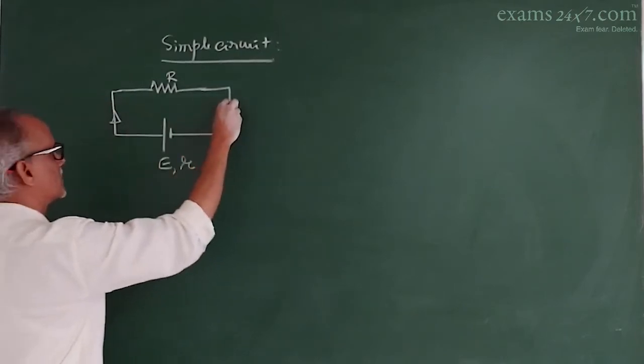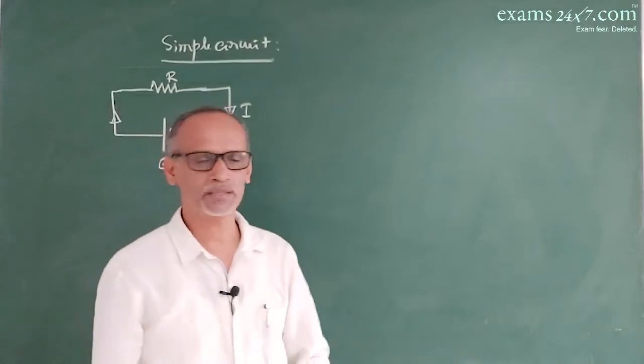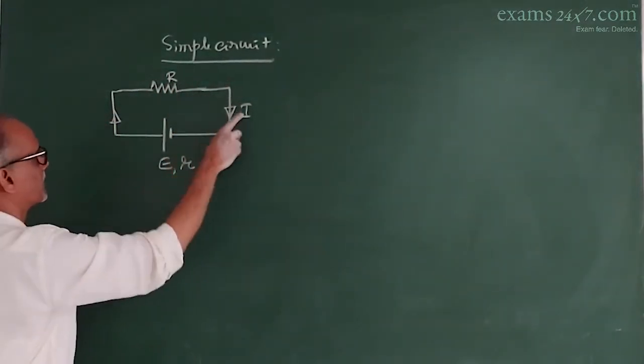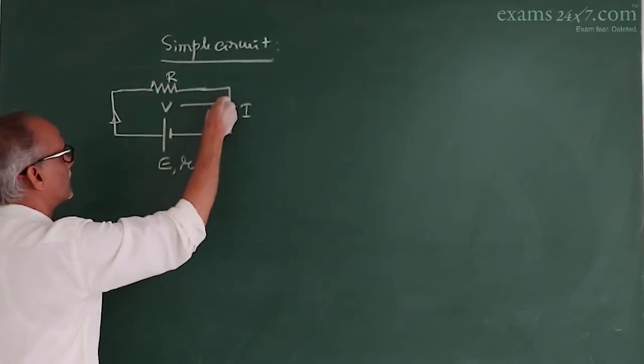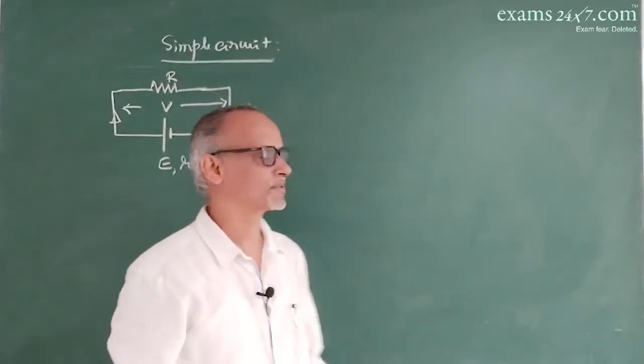The current through such a circuit is called the main current, I, and across the resistor, whenever there is a flow of current, there exists a potential difference, which we call the terminal potential difference.